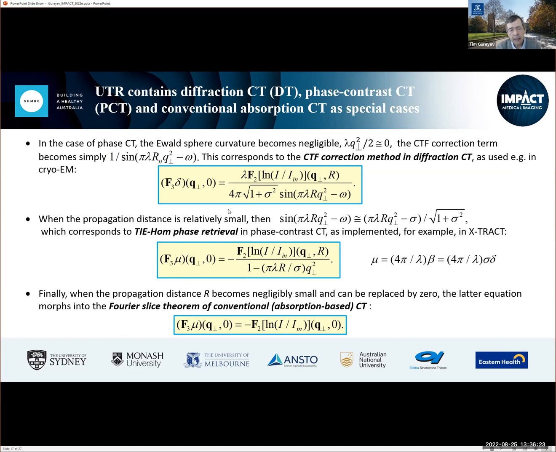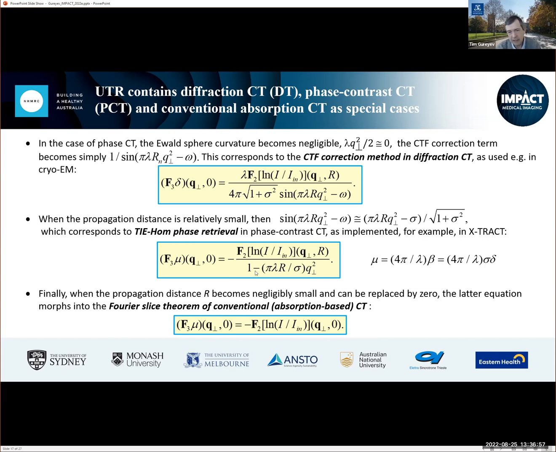Okay. So if the propagation distance becomes smaller, one can approximate the sine in this contrast transfer function by its argument. And that gives us the transport of intensity phase retrieval method that we are using now. So we just replace sine by its argument, and here you are, with a very tiny notational difference: my sigma here is not our usual delta to beta, but minus beta to delta.